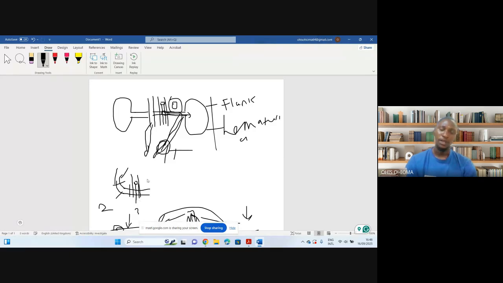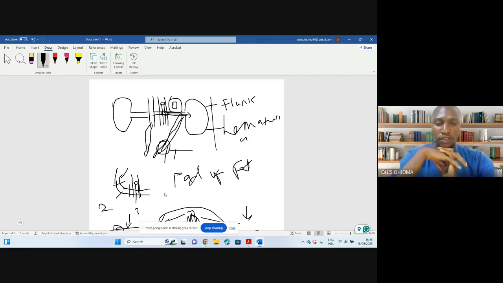But God is so merciful that he put a pad of fat in between the superior mesenteric artery and the duodenum. This pad of fat cushions the compressive effect of the superior mesenteric artery. However, when a patient loses weight suddenly, for example on a weight-losing medication, this fat reduces in size.